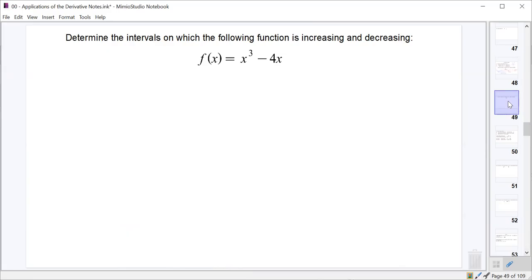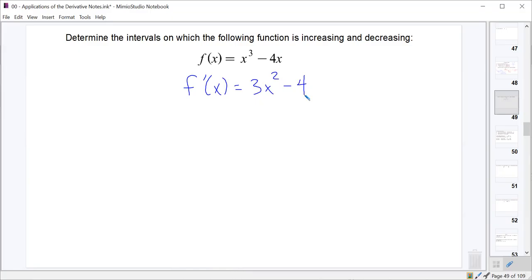And we'll go ahead and do the same thing here with f of x equals x cubed minus 4x. So the first step will be to take a derivative. F prime of x is equal to 3x squared minus 4.